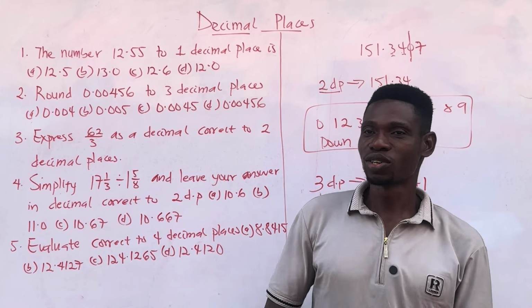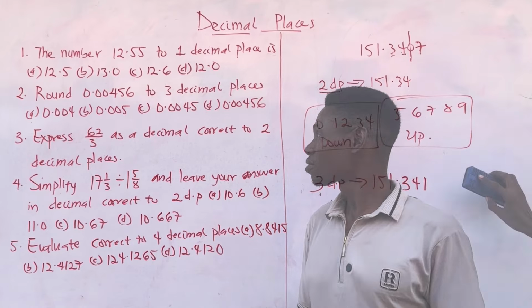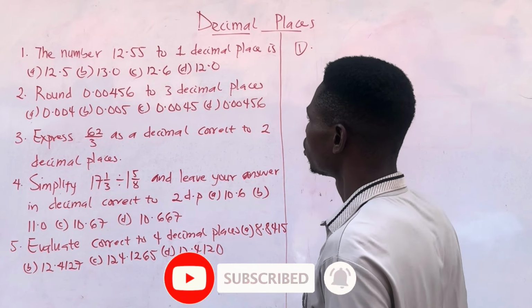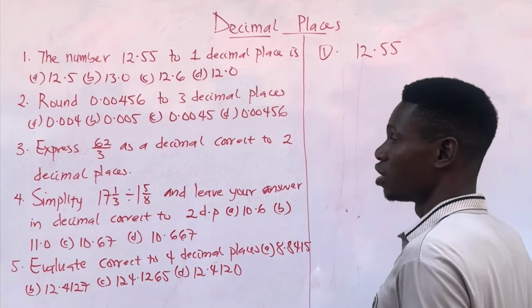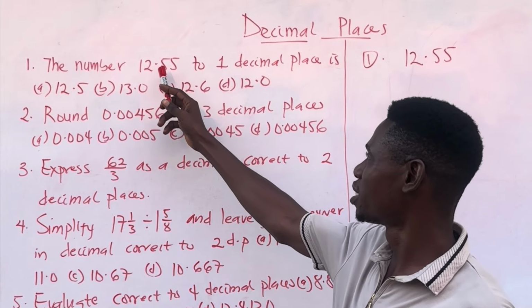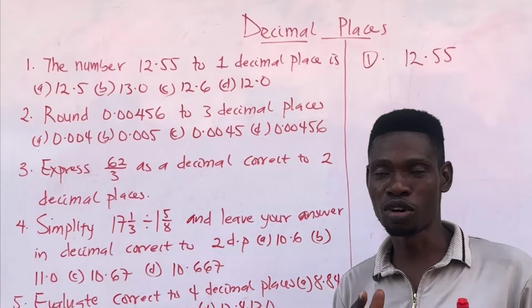Okay, so with this understanding, let's solve the problems. So let's go. Number 1 says the number 12.55. Now remember, don't pronounce this as twelve point fifty-five, because in this case, this 55 is not fifty-five.